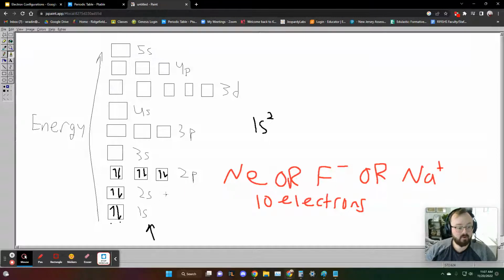Then we move on to our next orbital from lowest to highest energy, 2s, and there are 2 electrons in there. And then we move up to our next one, 2p6, because there are 6 electrons in there. Now let's just say I added in another electron, then it would just be 3s1, 1 electron in there.